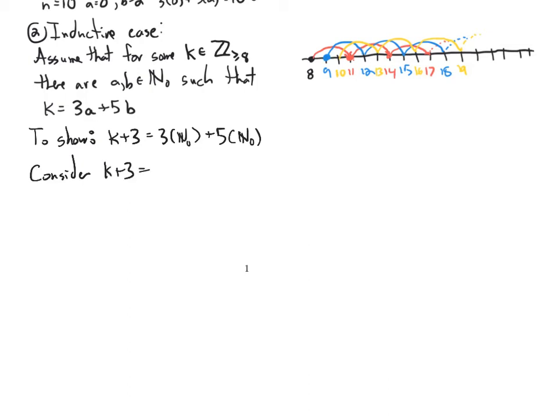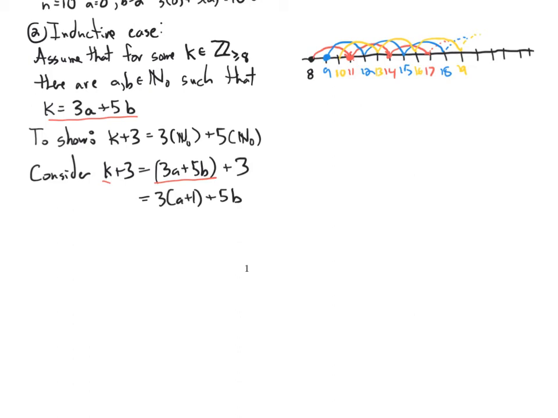Well, we know k is 3a plus 5b, and we have this plus 3. So here's a 3's, here's 1 3. Let's combine our like terms. We have a plus 1 3's, and we still have our b 5's.